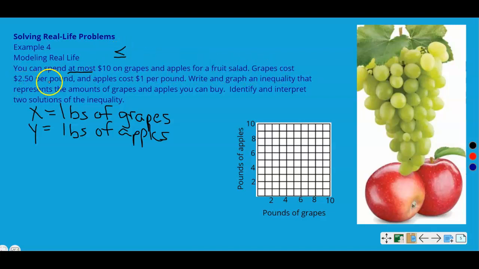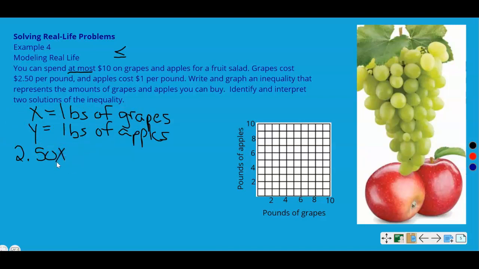Grapes cost $2.50 per pound and apples cost $1 per pound. Write and graph an inequality that represents the amount of grapes and apples you can buy. All right, so it gives us $2.50 per pound, so we're going to do $2.50 per pound of grapes. Remember we said X equals your pounds of grapes.